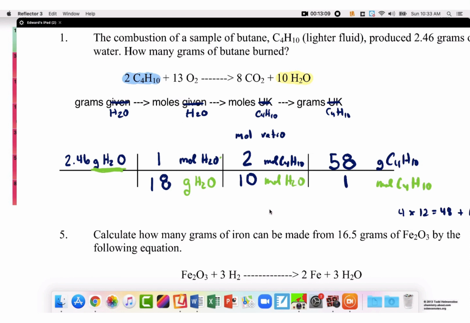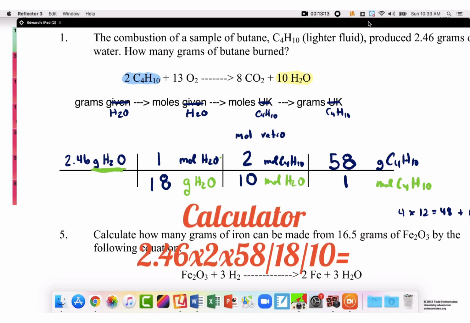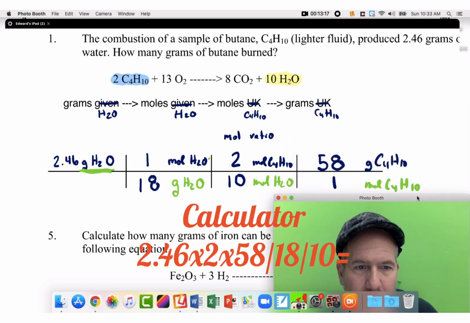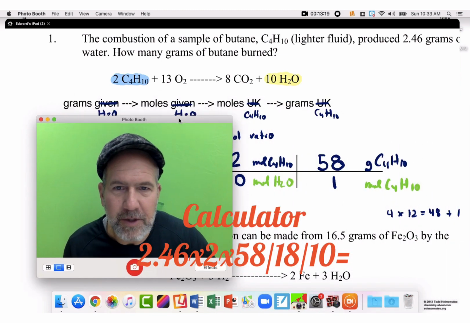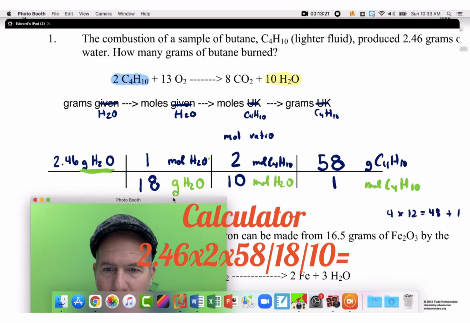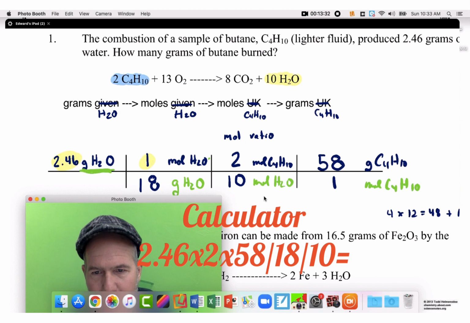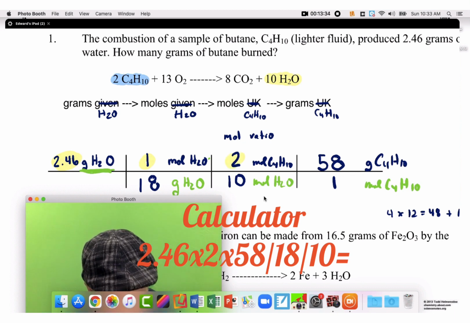Now this is where you need your calculator. The pattern that you follow is not as important as the following thing. What you have to make sure you do is, when you multiply the things on the top, here's a pattern you can follow. 2.46 times 1, of course the 1 is optional there, times 2 times 58.